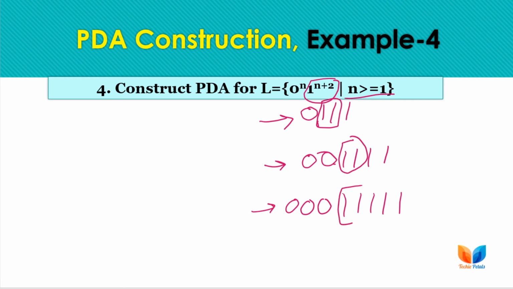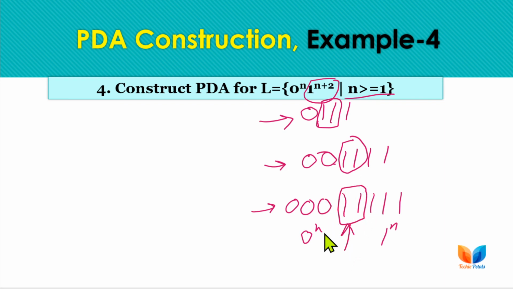I need to keep track of these two extra ones. Then I can use the same logic that we used for 0 raised to power n and 1 raised to power n. I just need to track these two ones only. While tracking these two ones, I keep the same stack symbol.